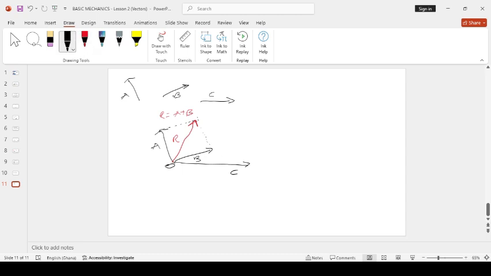Let me complete this parallelogram as well, between R and C, to look like this. And now we can have our resultant.